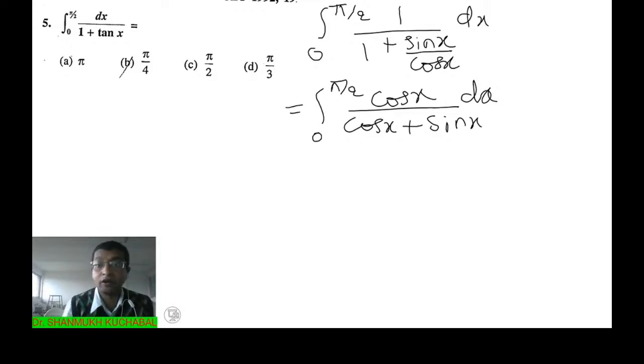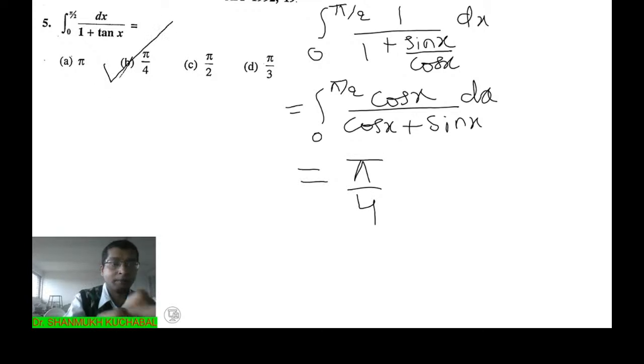Here the value of n is 1: cos raised to 1 x divided by cos raised to 1 x plus sin raised to 1 x. So we can write the answer as pi by 4 here. It is a standard function. Therefore option B is the right answer.